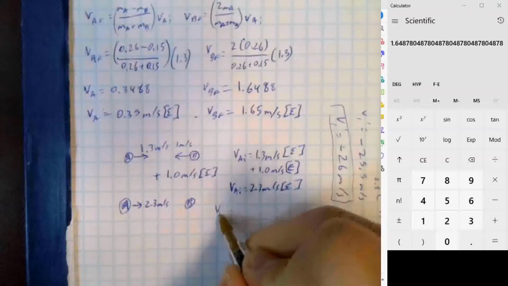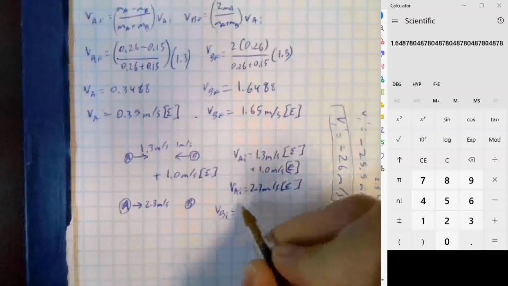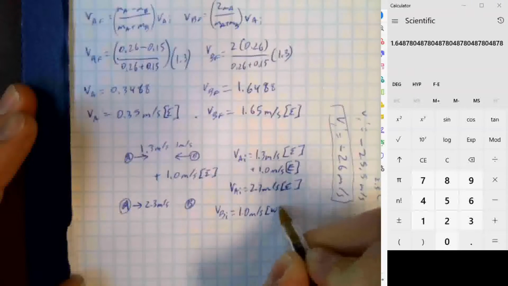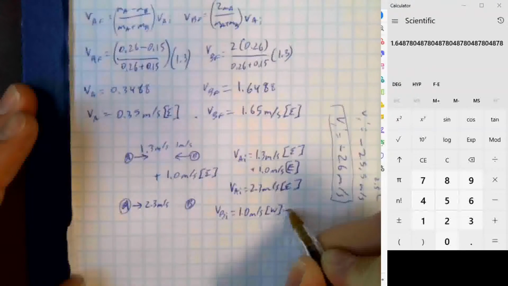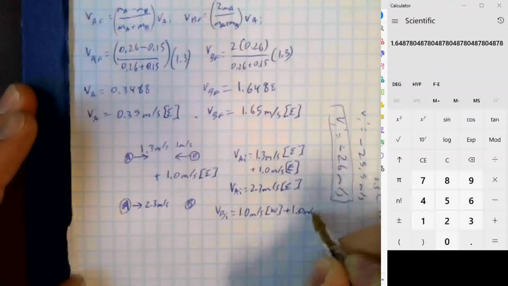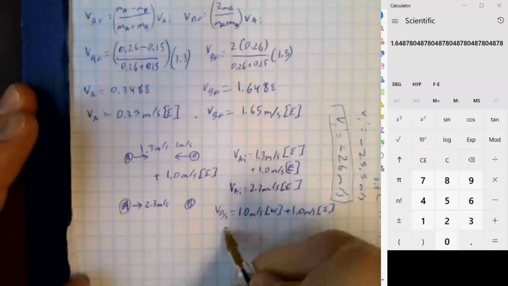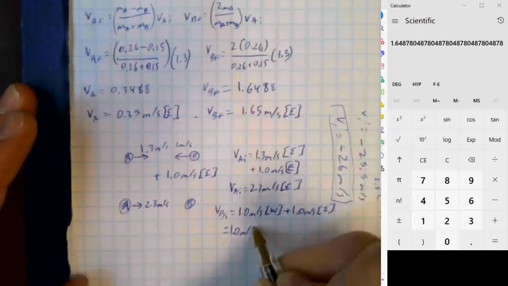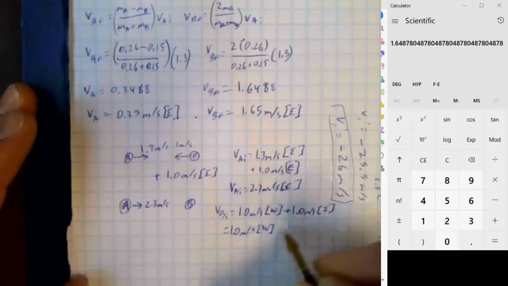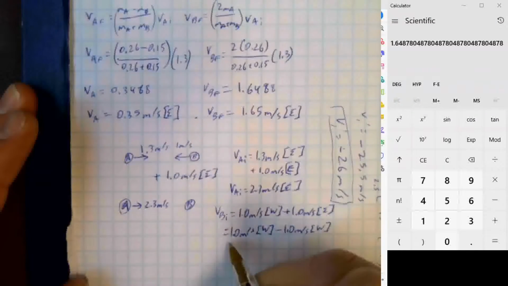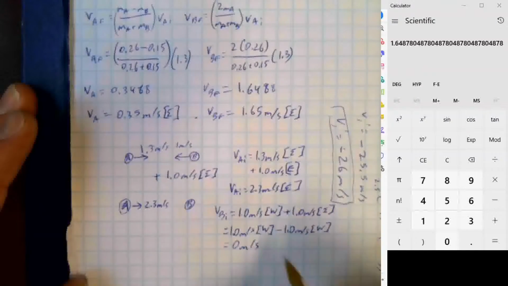And our VBI is 1.0 meters per second west plus 1.0 meters per second east, which is the same as 1.0 meters per second west minus 1.0 meters per second west, which is 0 meters per second.